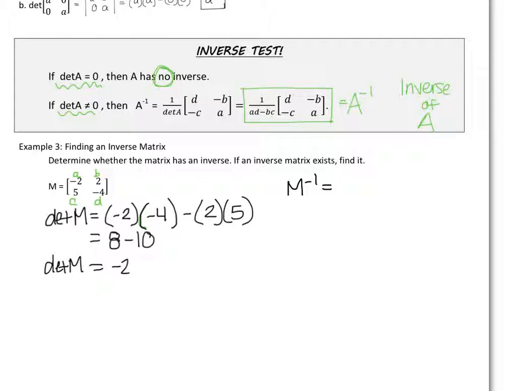So the formula for the inverse will be 1 over AD minus BC times the matrix D, negative B, negative C, A. All I did was take that from that to right there. I just recopied it.